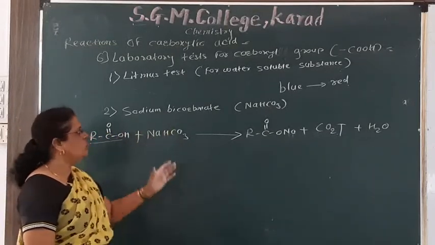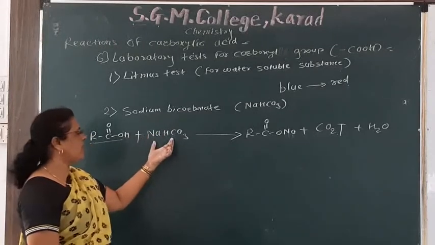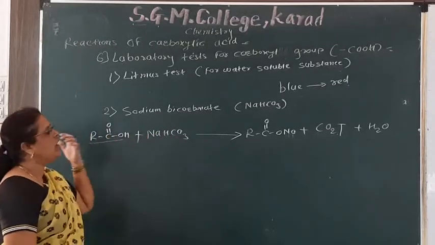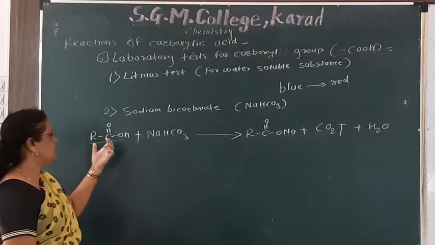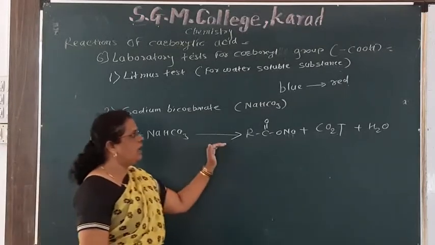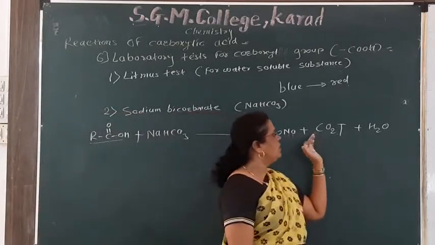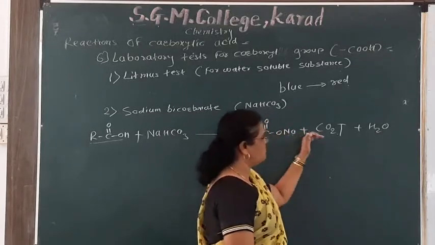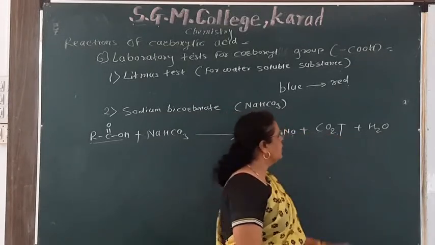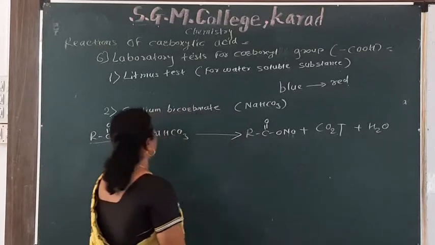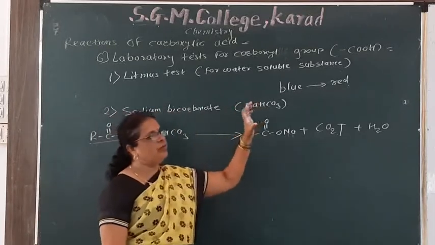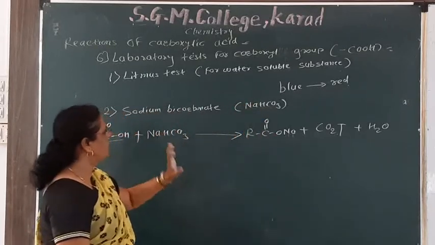When sodium bicarbonate is added to the organic compound containing COOH group, we get effervescence of carbon dioxide, which escapes out. Then this indicates that the carboxyl group is present in that compound.